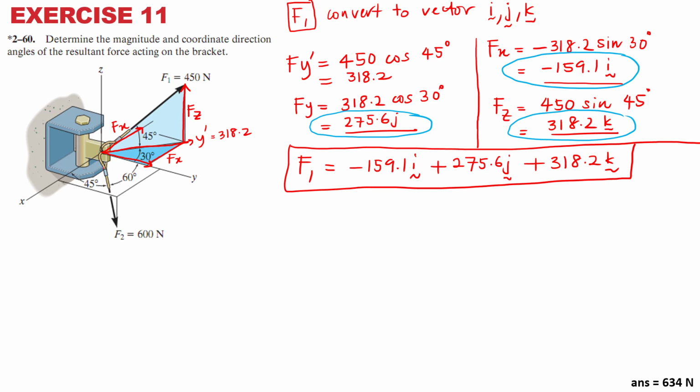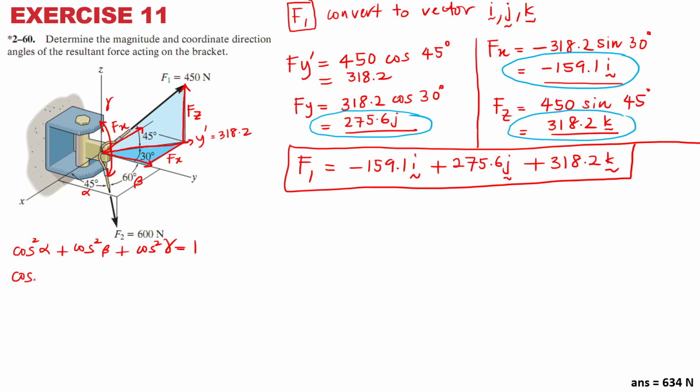For F2, you need to find this additional angle, which is gamma, right? This is alpha, this is beta. Do you still remember the trigonometric identities? Cos squared alpha plus cos squared beta plus cos squared gamma is equivalent to 1.